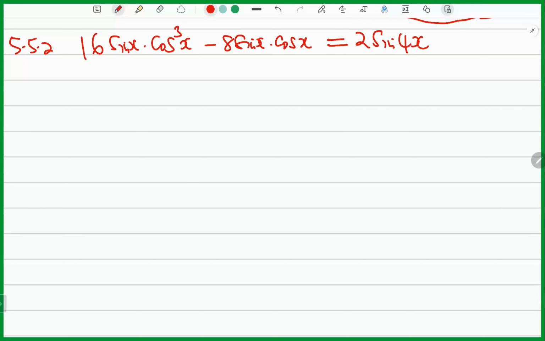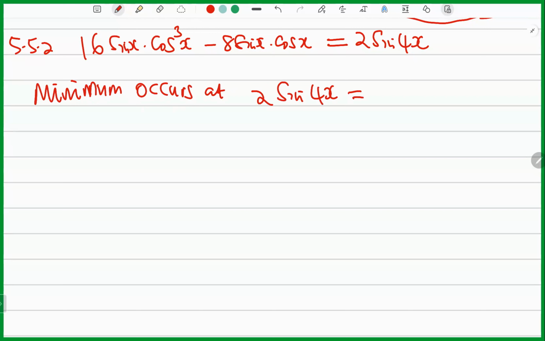Right, so the minimum value of this occurs at the point where 2 sine 4x is going to have its minimum, which is minus 2.